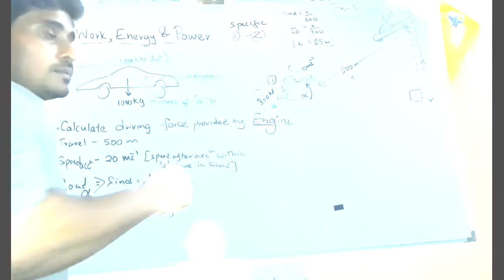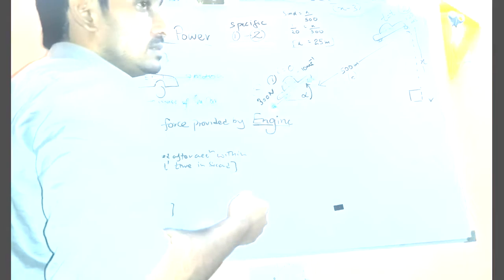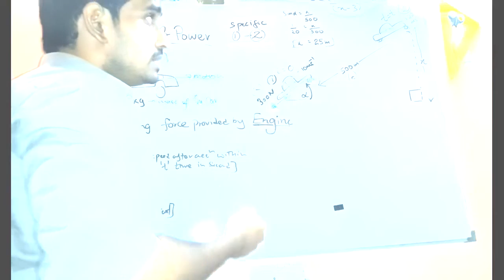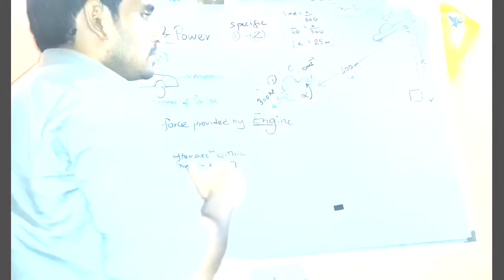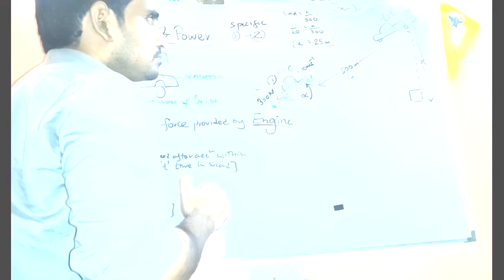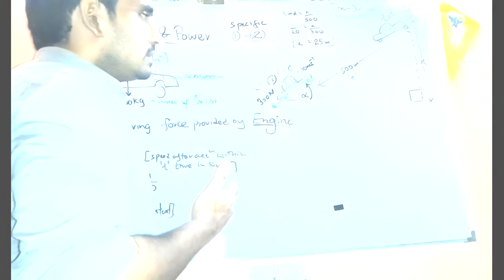Then after a travel of 500 meters, the vehicle has reached state 2, where the velocity it has attained is 20 meters per second. That is the scenario.